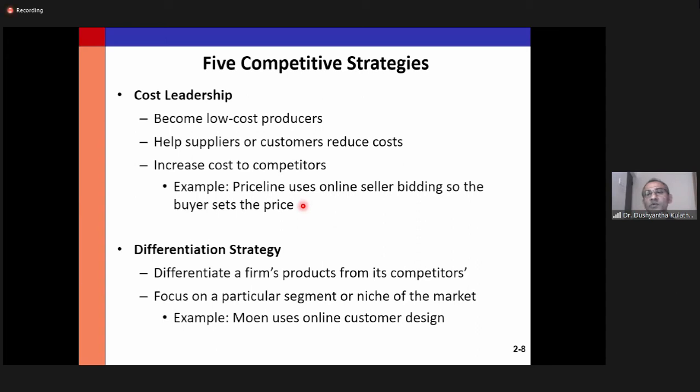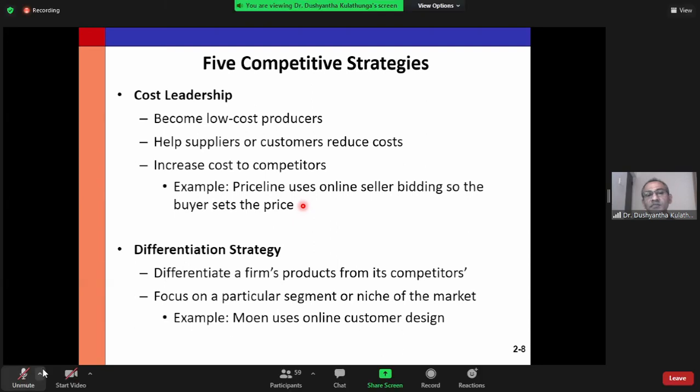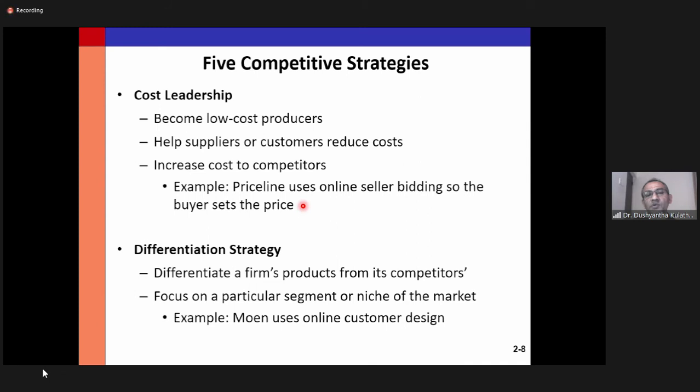If it is not an auction site, there will be a fixed price, whether it is a retail shop, a restaurant or food selling company, or a ticket selling company. Whatever it is, they have fixed prices.